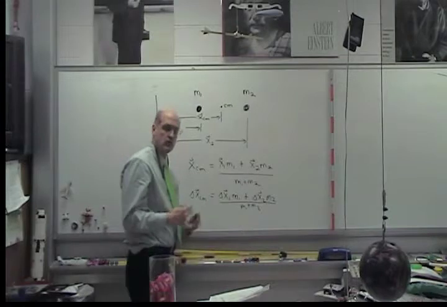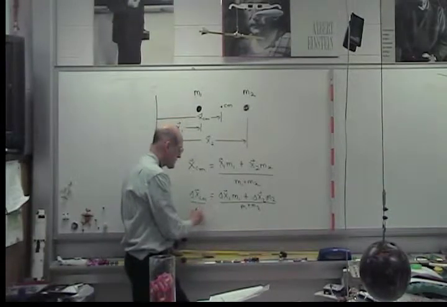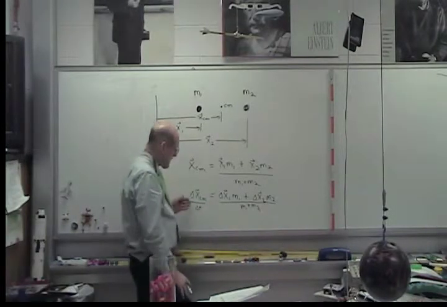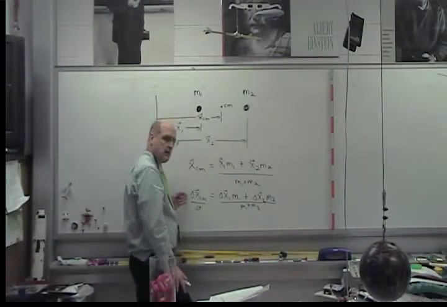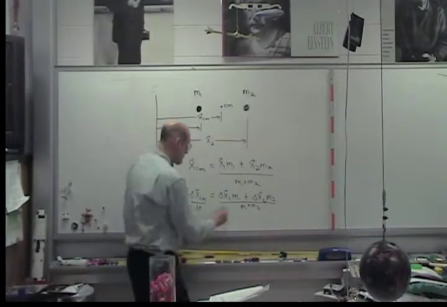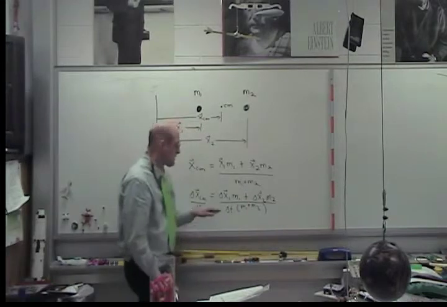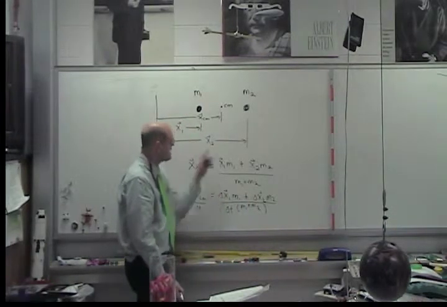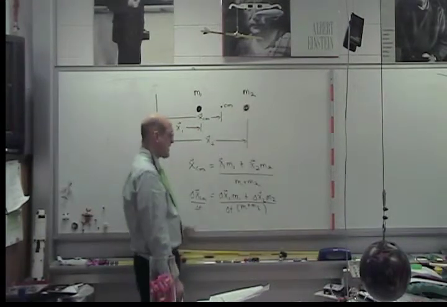Now, of course, this occurs over a time interval, delta t. And if we allow the time interval to shrink to 0, then what we have here is the instantaneous velocity of the system's center of mass. Divide by t on this side, and what we have here is the instantaneous velocity of mass 1 and the instantaneous velocity of mass 2.